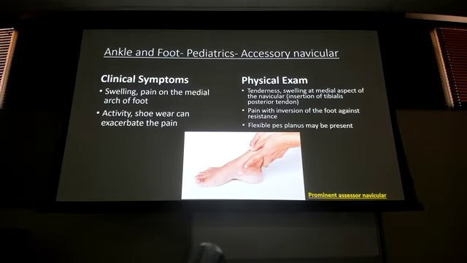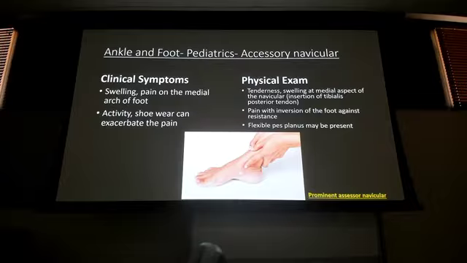So what do they present with? Most patients are going to present with some sort of pain. So you may see swelling and foot pain at the medial arch. Usually it's more atraumatic when they present. Certain shoes are going to cause irritation in this area, which makes sense because it's close to the inside of that arch. Depending on what type of footwear they have on, they'll be more or less symptomatic.